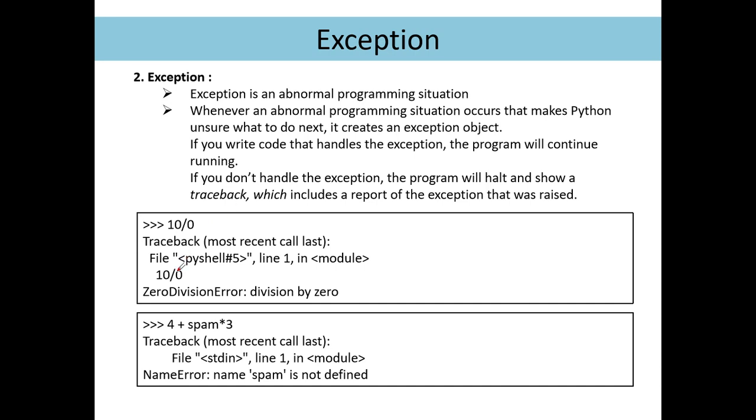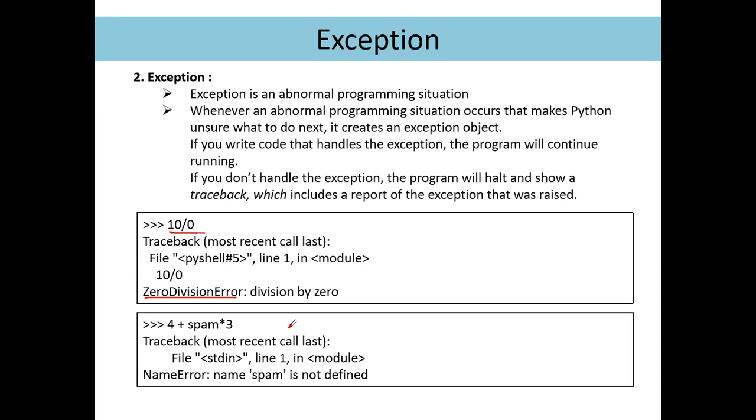Next, exception. We will discuss exception here. See here, we are trying to compute 10 by 0. Dividing anything by 0 is not defined, so it is raising this zero division exception. Got it?